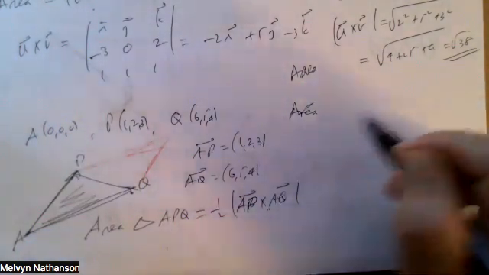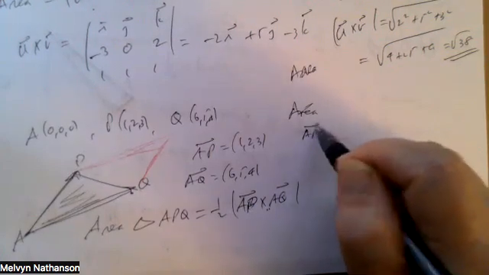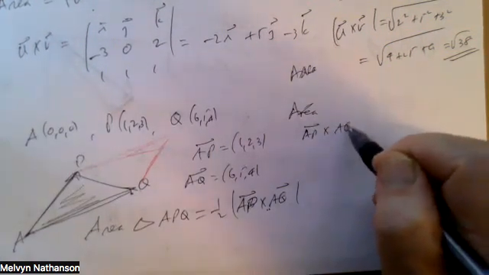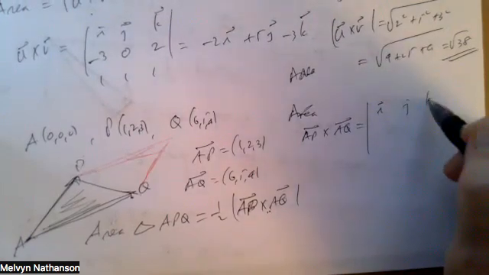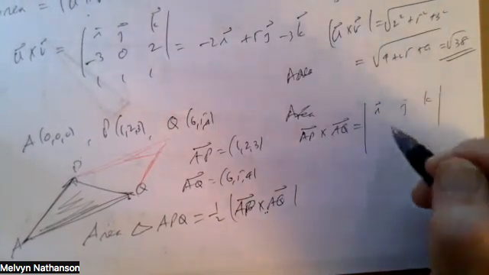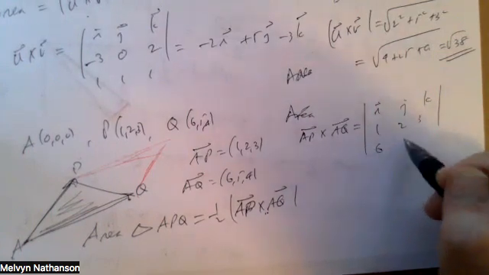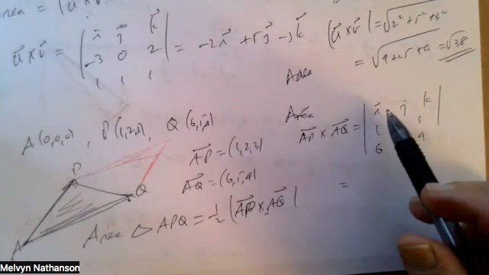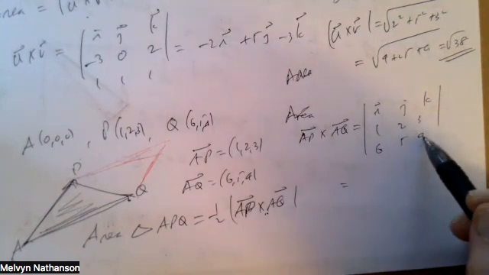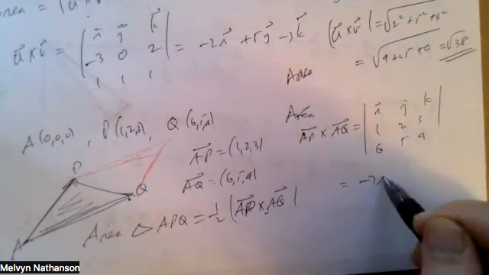And what is the cross product? I compute the 3 by 3 determinant. 1, 2, 3, 6, 5, 4. So I have the coordinate of i is 8 minus 15, which is minus 7i.